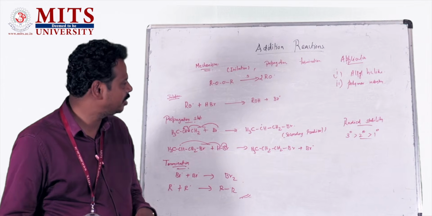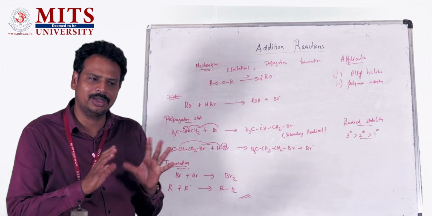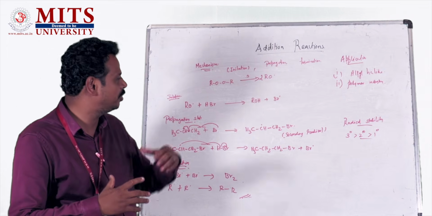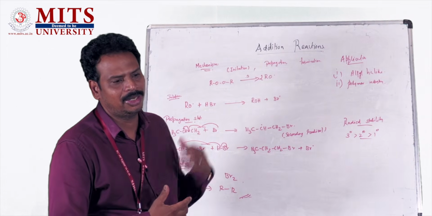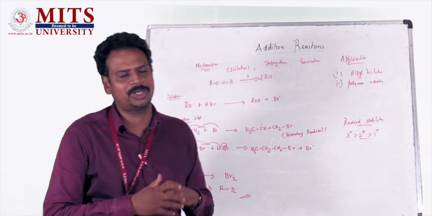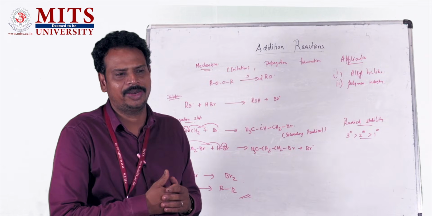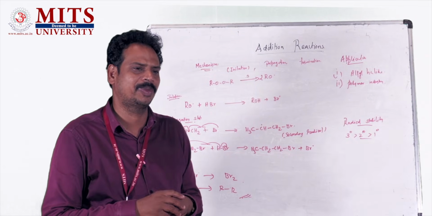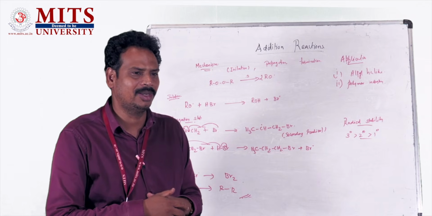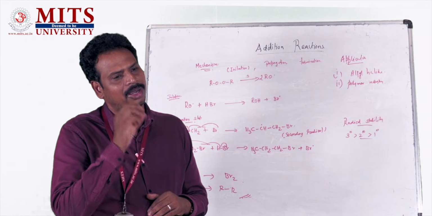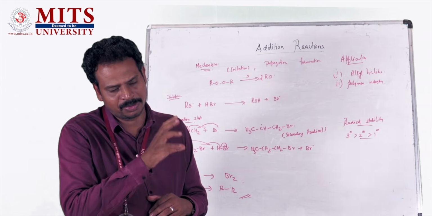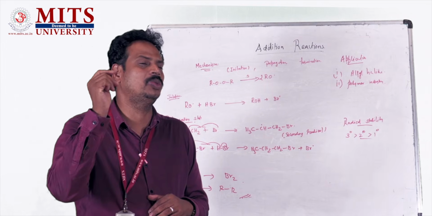Okay, so I would like to conclude with a summary of today's lecture. Today we have seen addition reactions, first the definitions of addition reactions. The main thing is an attacking species, and in this case the pi bond always breaks and a new sigma bond is formed.